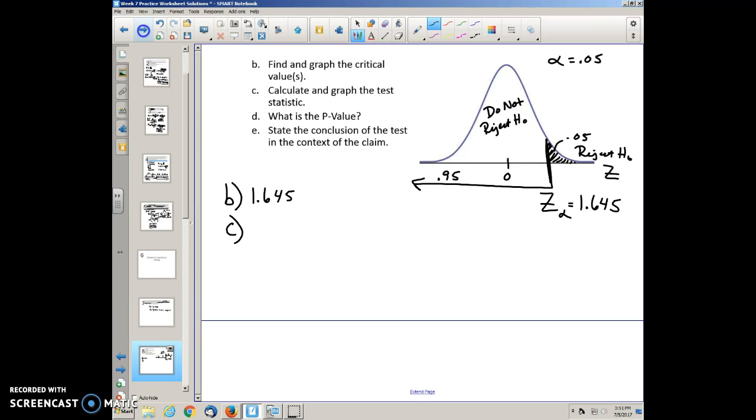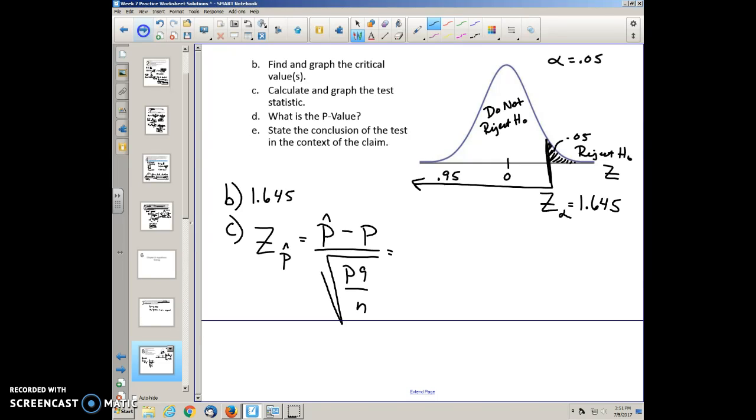C, calculate and graph the test statistic. So we need z sub p hat, the z for our test statistic. It's p hat minus p over the square root of p times q over n.